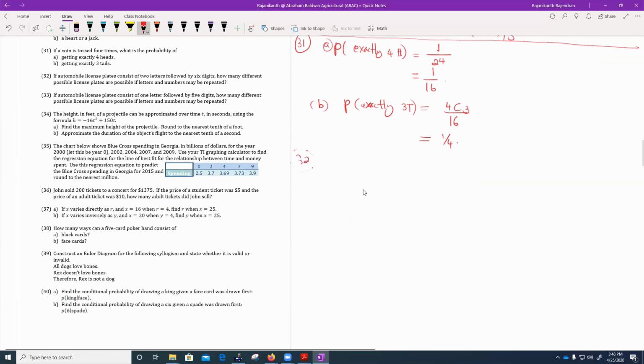Number 32. If automobile license plates consist of two letters followed by six digits, 1, 2, 3, 4, 5, 6, in how many ways could you do this if repetitions are allowed? So I have two letters followed by six numbers. Therefore, this is 26, 26 ways, then 10, 10, 10, 10, 10, and 10.